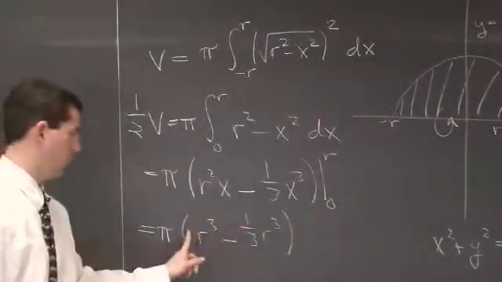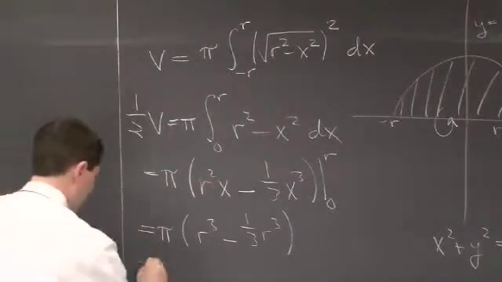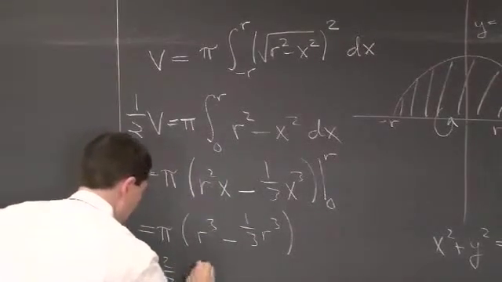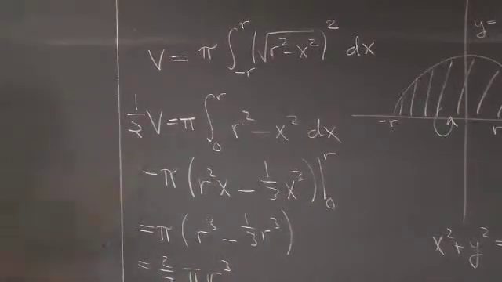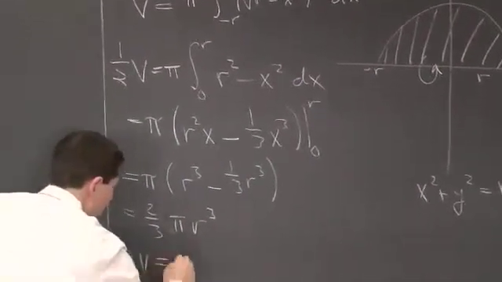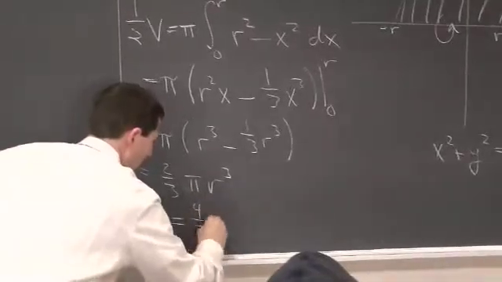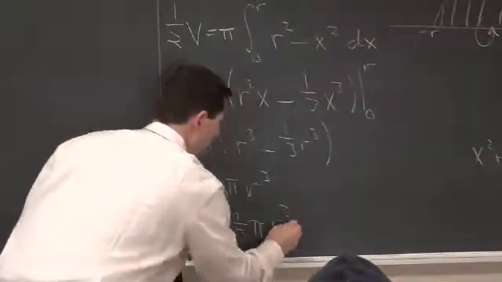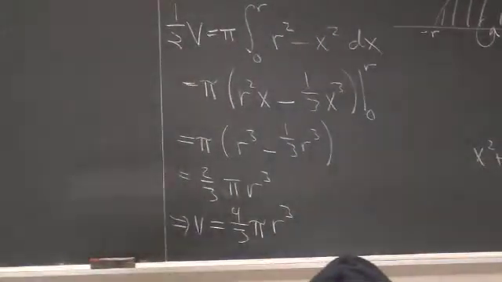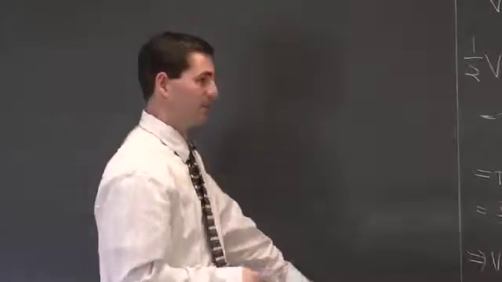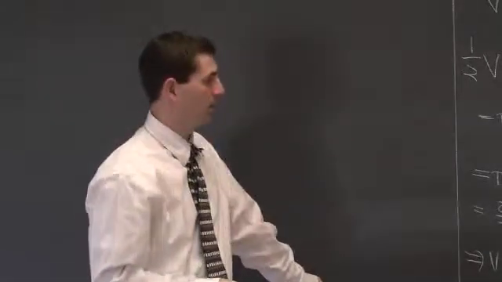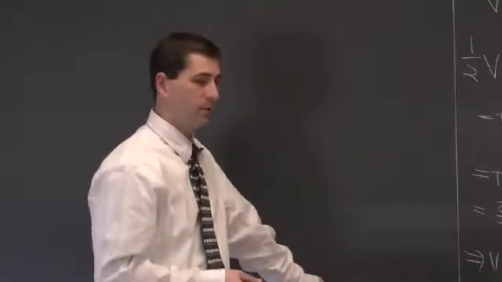And 1 minus a third is 2/3, so 2/3 pi r cubed. Since that was half the volume, the whole volume is 2 times it, or 4/3 pi r cubed. So this is nice. We now have a very nice proof of the volume of a sphere.